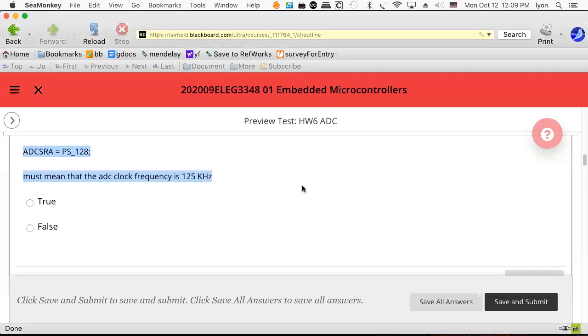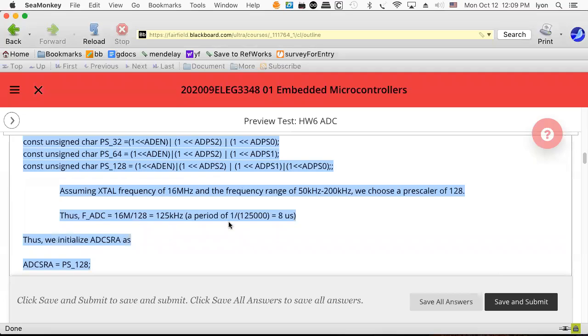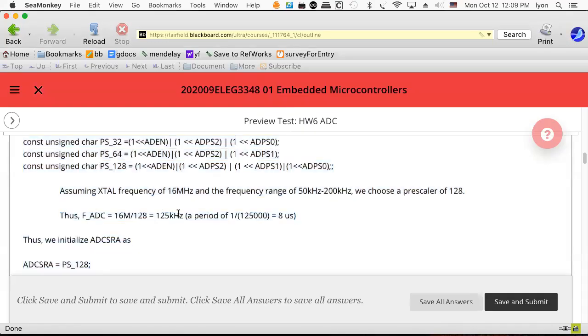Well, we just went through that, right? Here's the frequency right in through here. We take the prescaler, divide it into the 16 megahertz crystal, and that gives us the input into the ADC. So that's your 125 kilohertz right there.